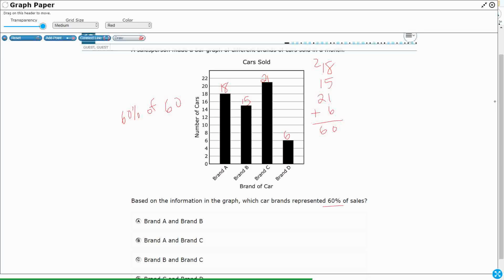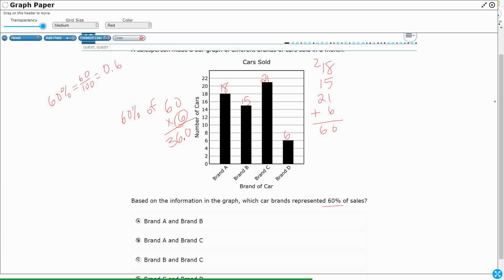We could make a proportion, or we could realize that 60%, right, is equal to the fraction 60 over 100, because any percent is just that number over 100, which equals 6/10 or 0.6. All right, so let's just multiply 60 times 0.6, which is equivalent to 60%. What you're going to get is 36. Now we've got one digit behind the decimal in the factor, so we need one digit behind the decimal, so we need 36. So that's all we're looking for.